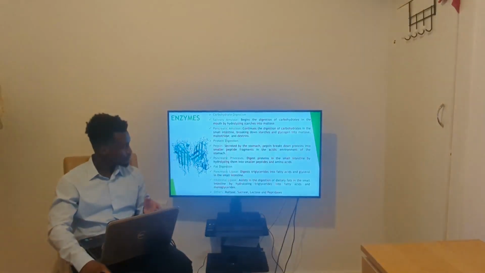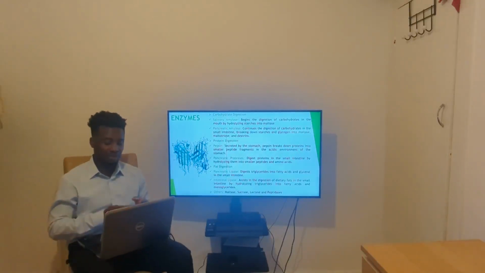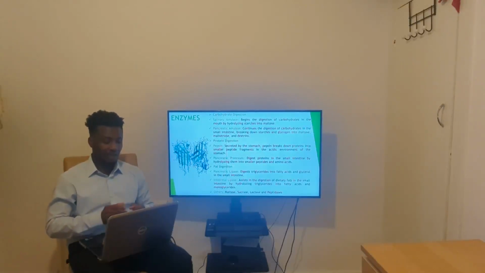Protein digestion. Pepsin is secreted by the stomach. Pepsin breaks down protein into smaller peptide fragments in the acidic environment of the stomach. Pancreatic protease enzymes digest protein in the small intestine by hydrolyzing it into smaller peptides and amino acids.